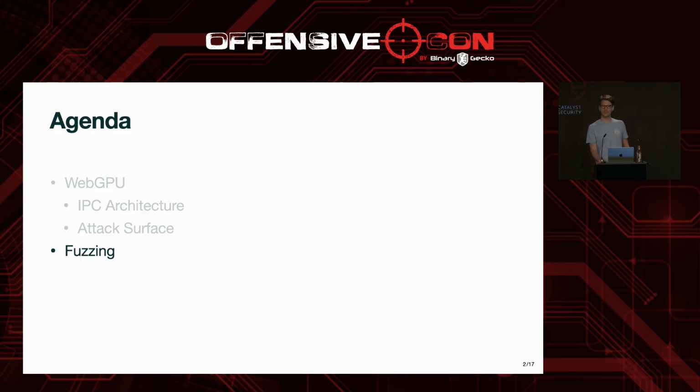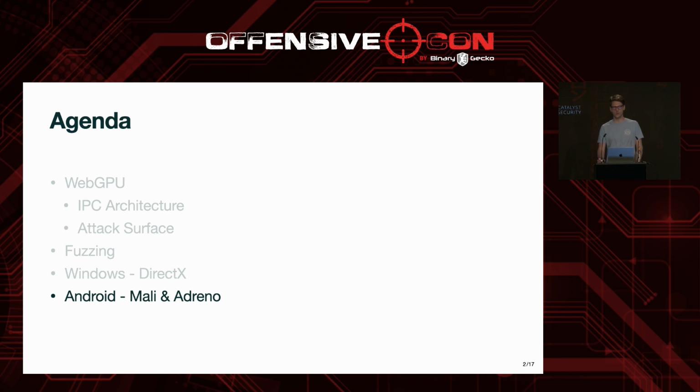The next part of this talk will be about fuzz testing those components, and while I know that not all security researchers in the audience are a particular fan of fuzzing, I hope I can convince you that for this particular job, fuzzing is indeed the right tool. And finally, we'll see how the fuzzer performs against various WebGPU stacks. First, the WebGPU stack on Windows, and afterwards the WebGPU stack on Android.